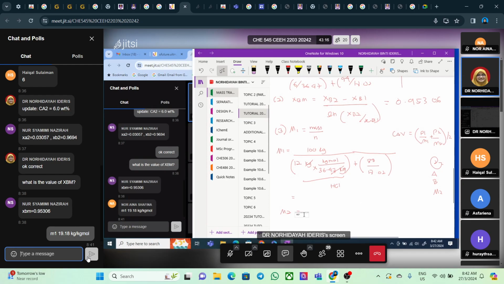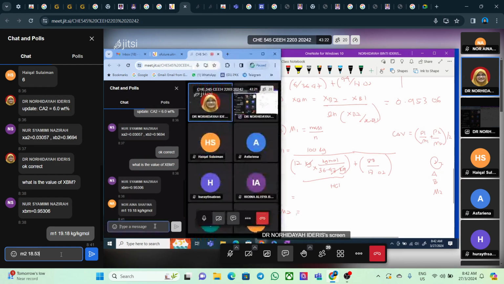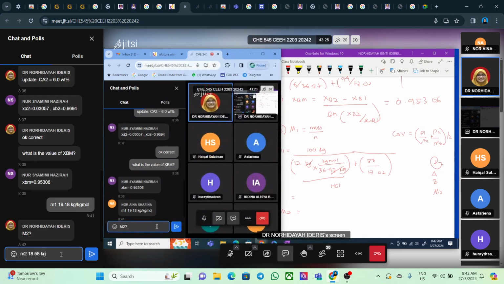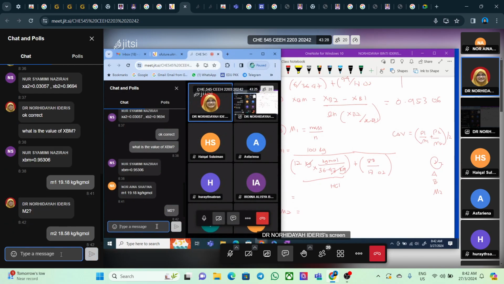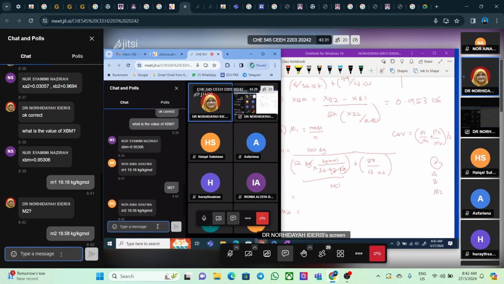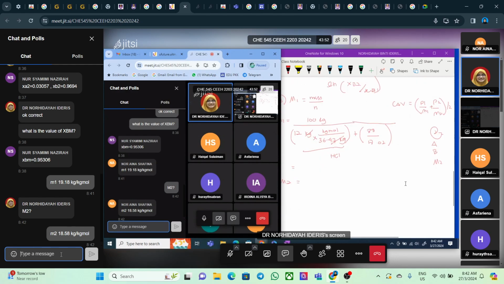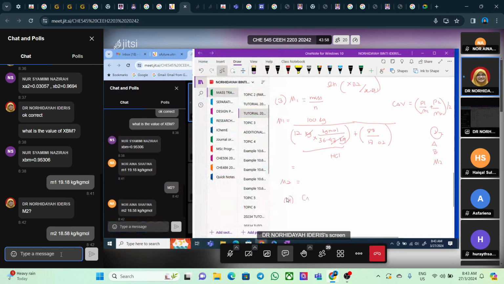Kita letak di sini pula. 18.58 kilogram over kilogram mole. Okay, untuk M2 jawapan dia 18.58 kilogram per kilogram mole. What you're going to do is that you just replace 12 ni dengan 6 kan. 88 ni tolak 100 tolak 6, so 94. Okay, now we go to the step number 4. The CAV.